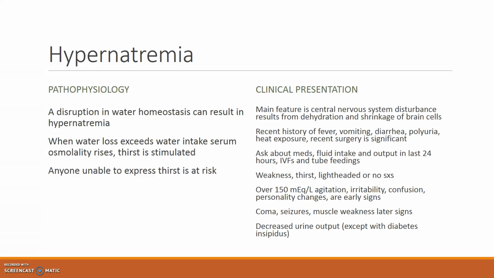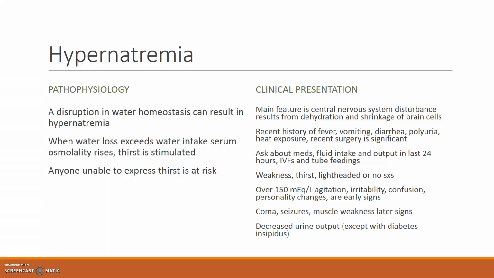Water balance is achieved as water intake increases, but the thirst receptors are stimulated when this rise is in the normal range of about 290 to 295. But destruction of the thirst centers in the hypothalamus, whether from neoplasm, trauma, or vascular abnormality, leads to inadequate thirst response and then hypernatremia.